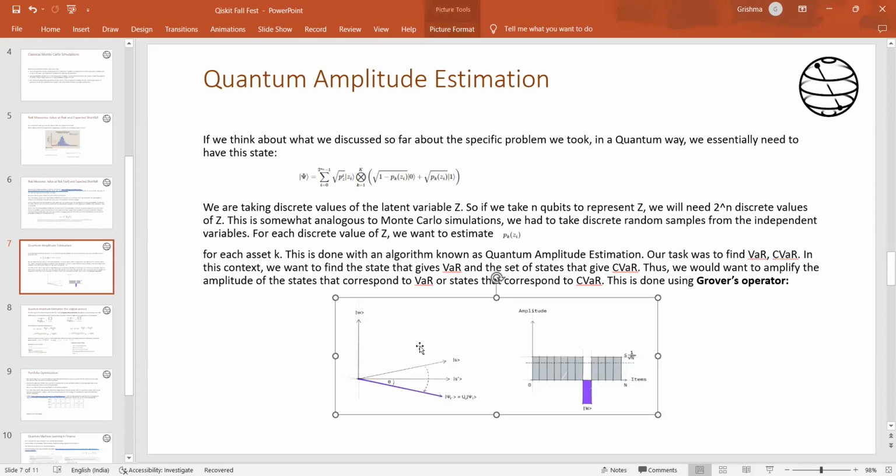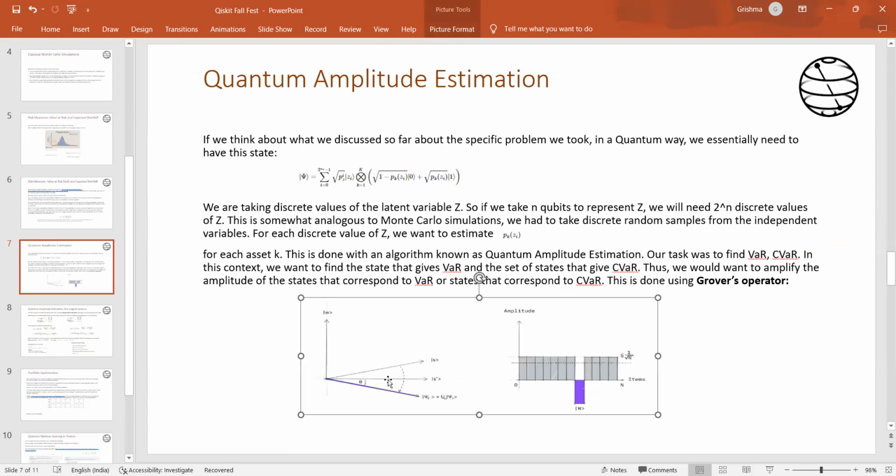In Grover's algorithm, essentially, if you look at this, you have this winning state W here. You consider a superposition of states, and then you consider a state which is basically orthogonal.